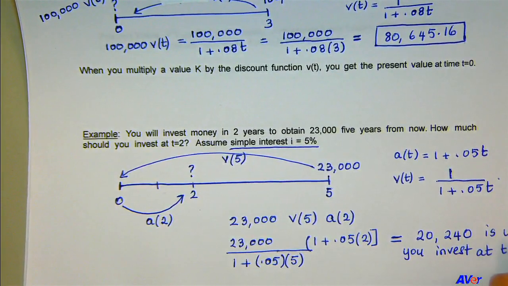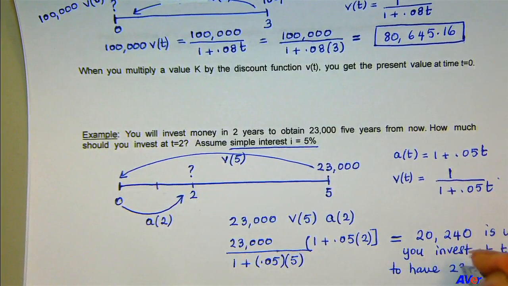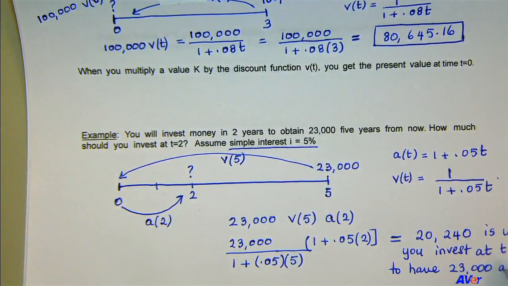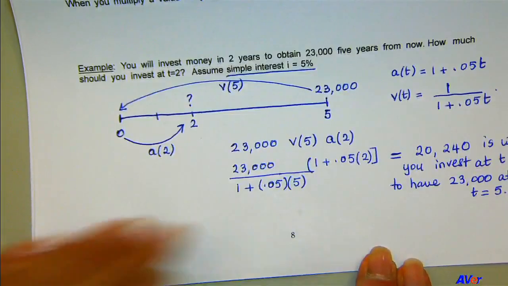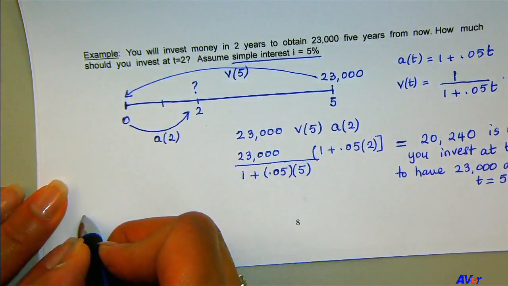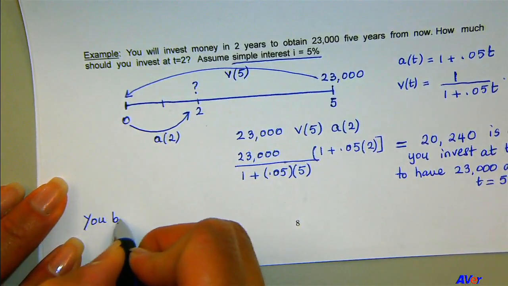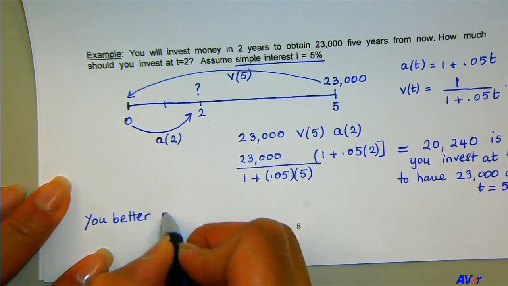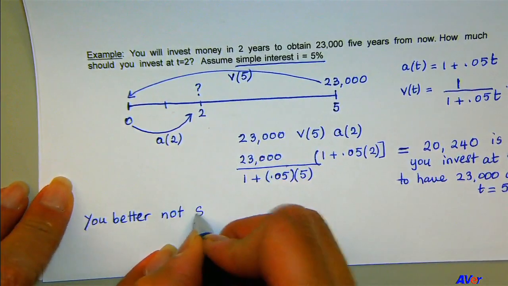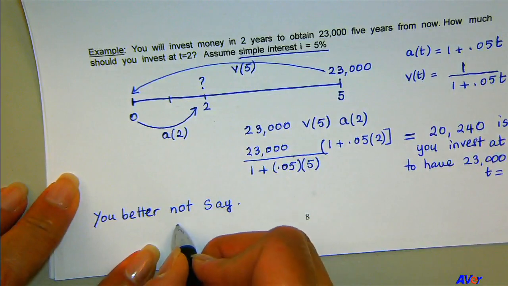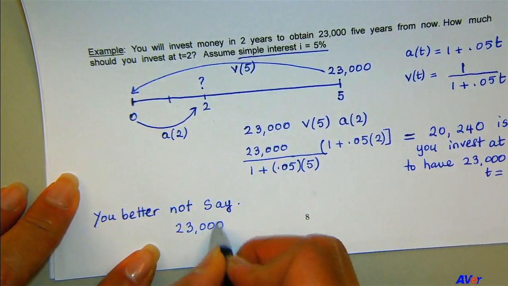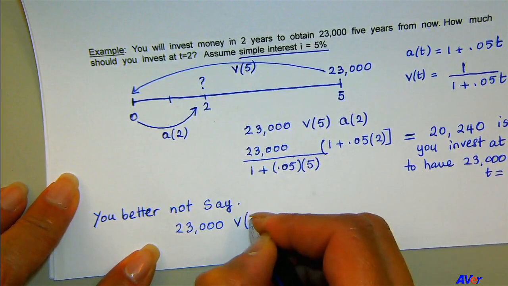at t equals 2 to have 23,000 at t equals 5. Right? So you better not say 23,000 V of 3.